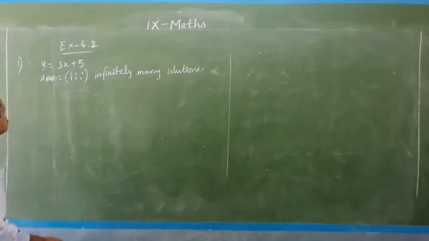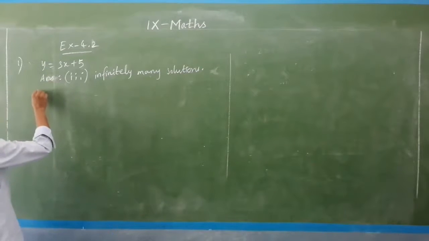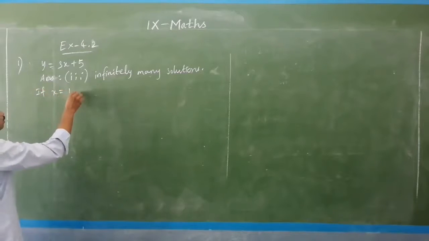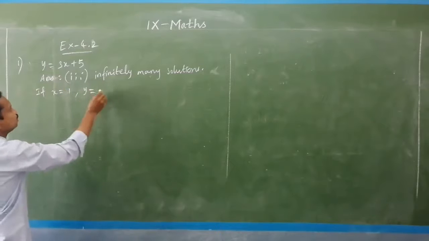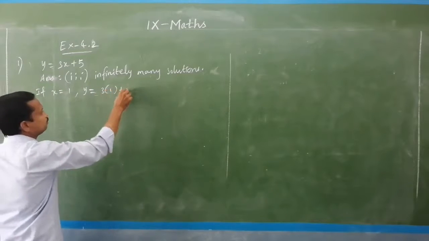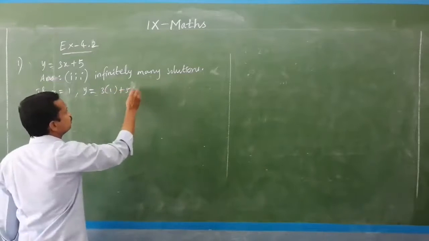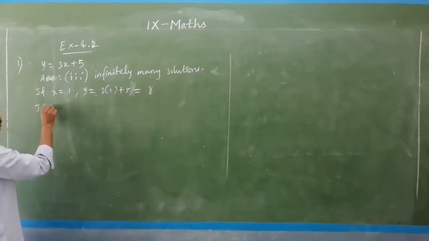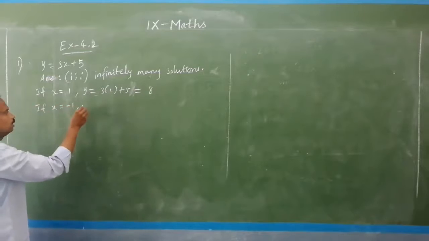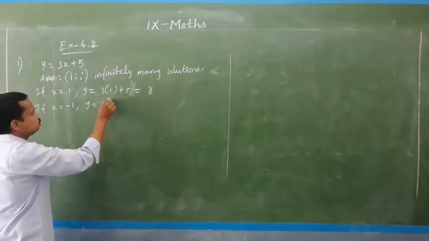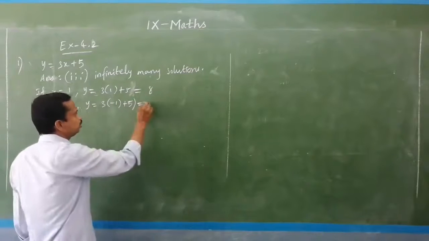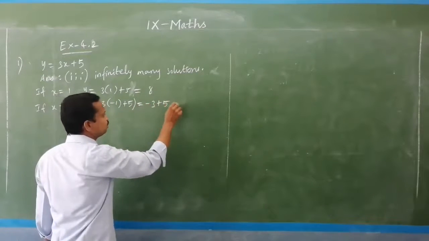Okay, because if x equal to 1, then y equal to what? 3 into 1 plus 5, we get 3 plus 5, 8. If x equal to minus 1, you get y equal to 3 into minus 1 plus 5, that is minus 3 plus 5, and you get 2.